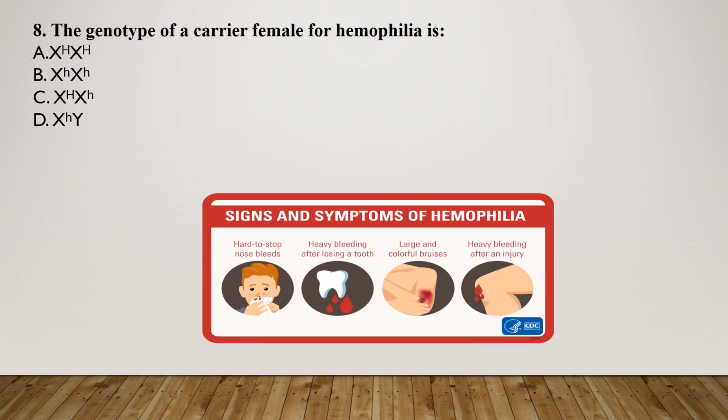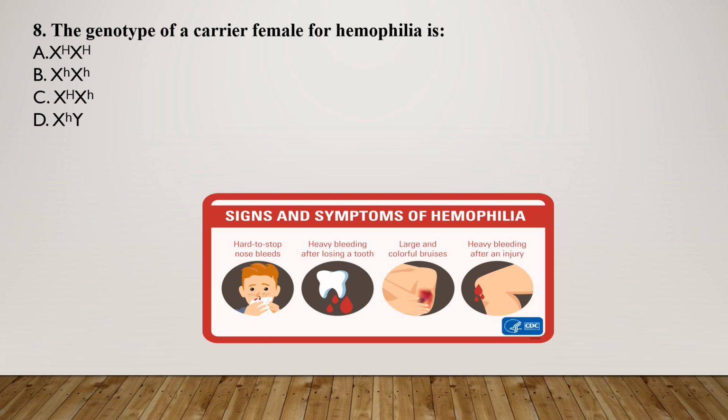Next question. The genotype of the carrier female for hemophilia is: two normal alleles, or two hemophilic alleles, or one of each. Here you can see a carrier female and a normal male.